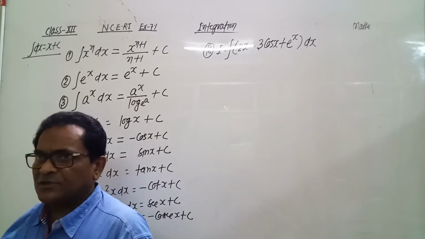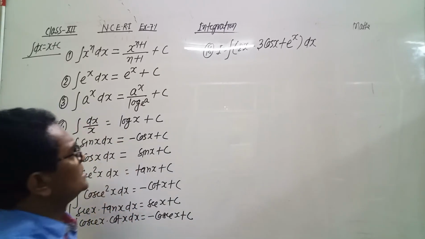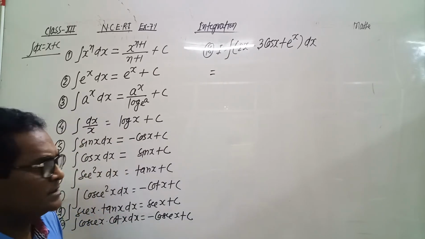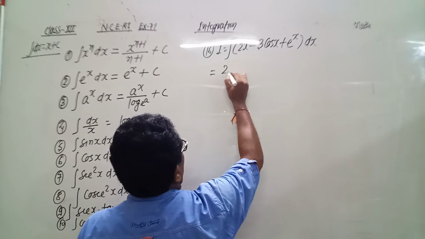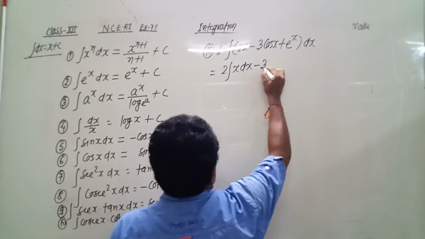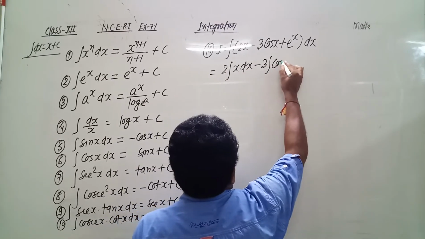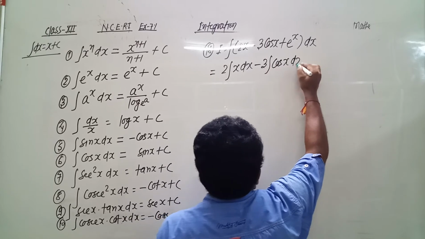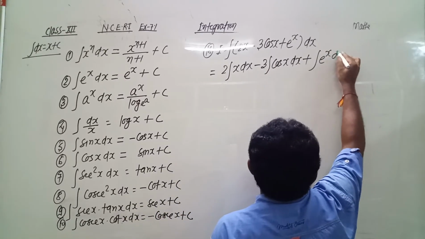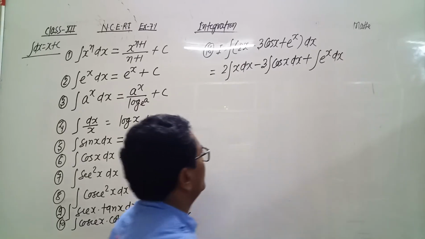So in the very first step we separate all these terms, taking the constant term outside. So 2 integration x dx minus 3 integration cos x dx plus integration e raised to the power x dx.